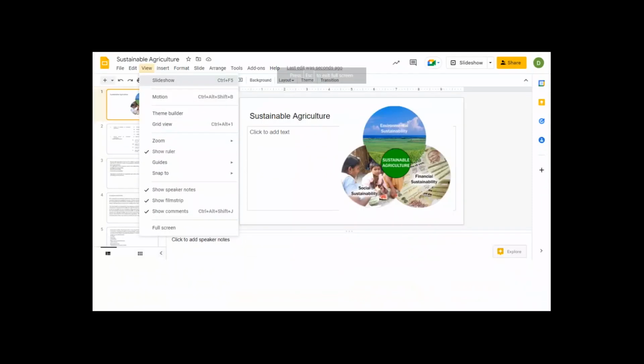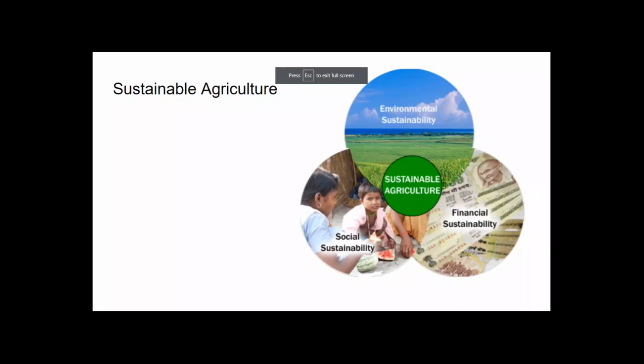Okay, this class is going to look at sustainable agriculture. And sustainable agriculture really has three key features, which is social sustainability.